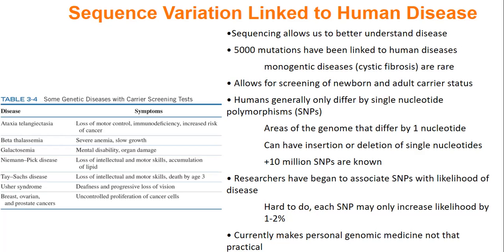So personal genomic medicine, as it says there on the slide, is a new field. People are starting to get trained in that, but it's still very, very early days. So it's not all that practical quite yet.